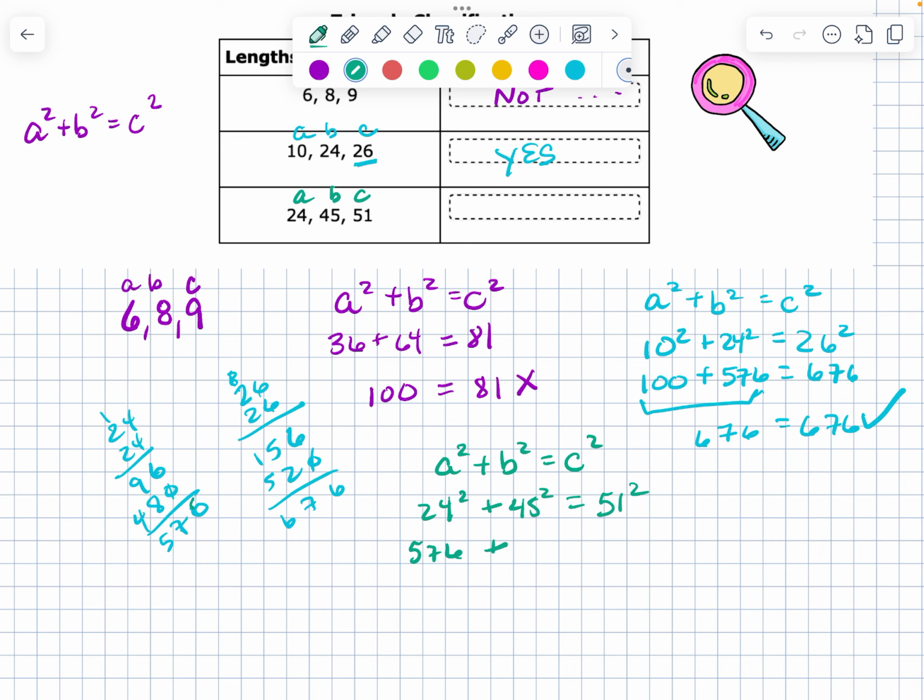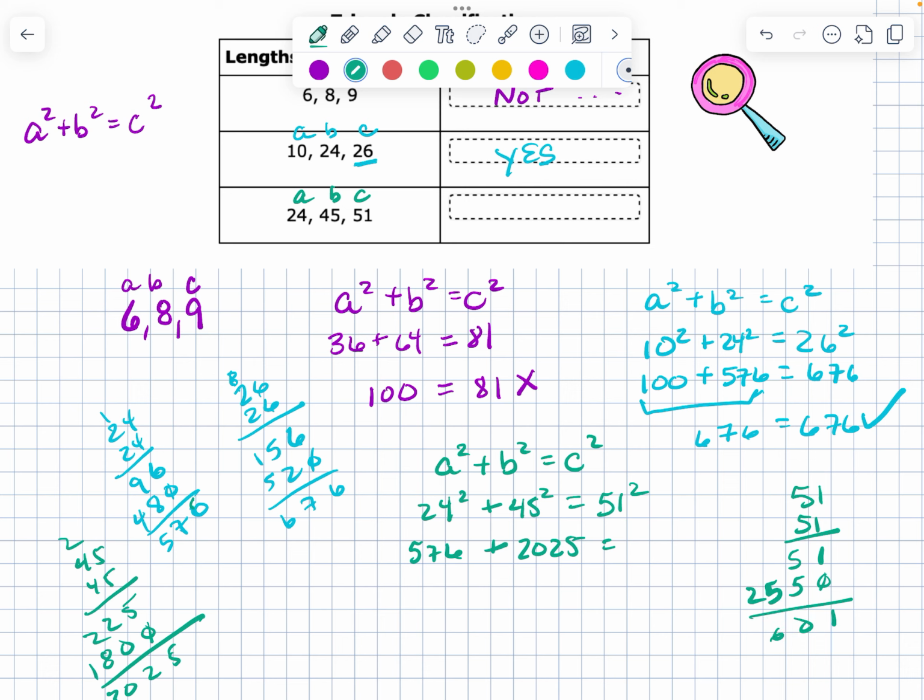576 plus 45 squared is, drum roll, 2025. And then 51 squared is 2601.